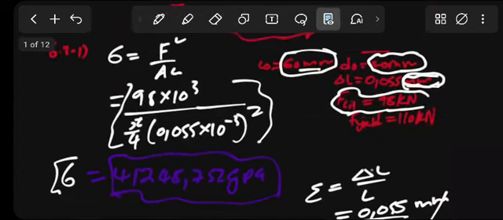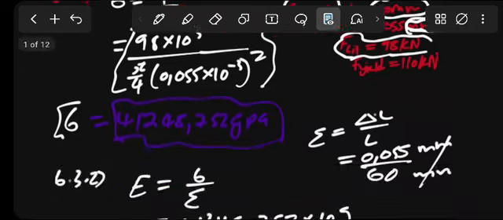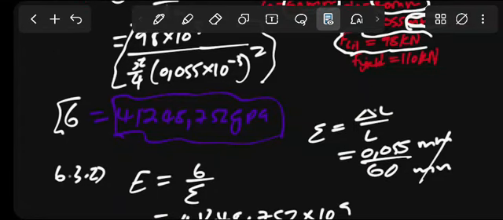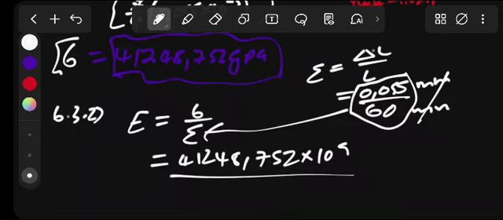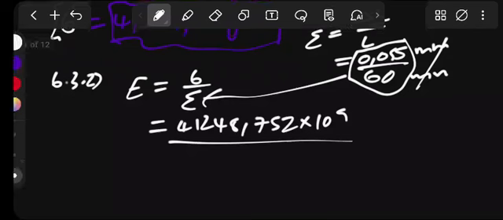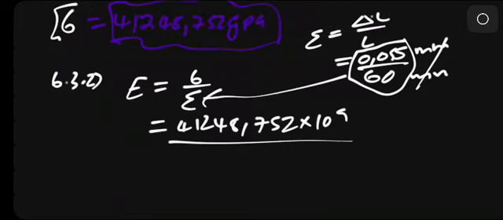The original length is 60 millimeter, this is 0.055 millimeter. If I divide with the same unit, it will simply cancel. So if I substitute that there, I will have 0.055 divided by 60.